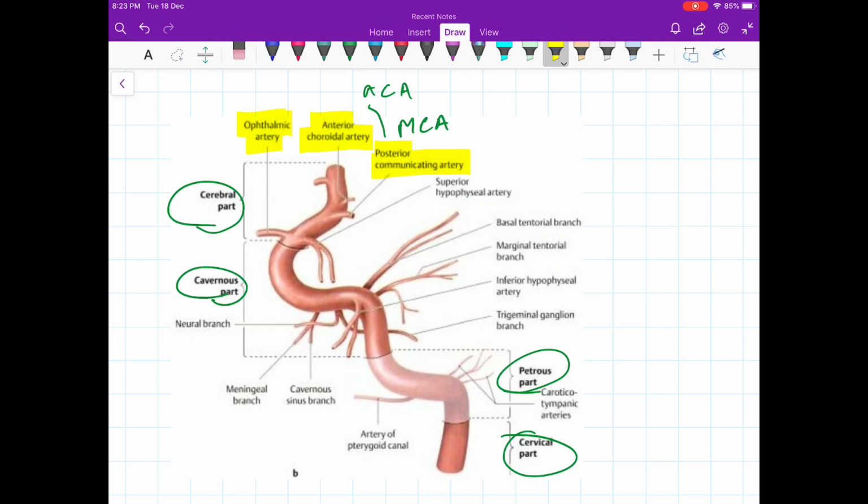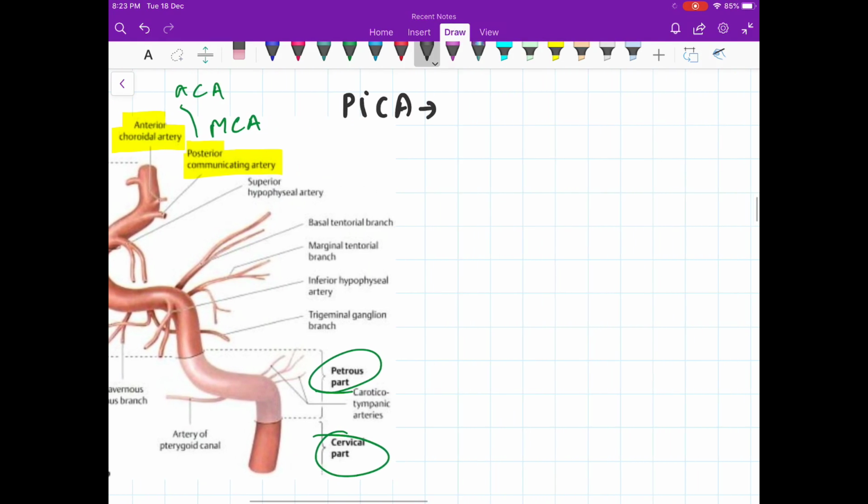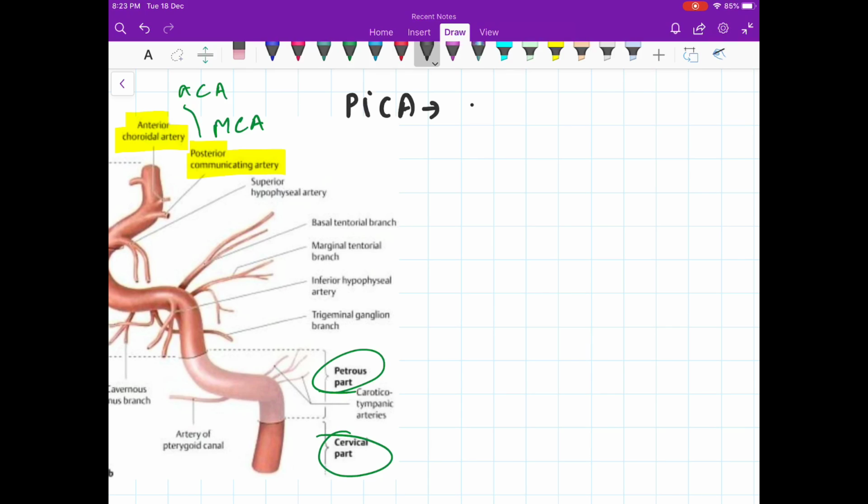Okay, friends. So let us discuss some few more branches, one-liners. PICA is a branch of? It is a branch of vertebral artery.